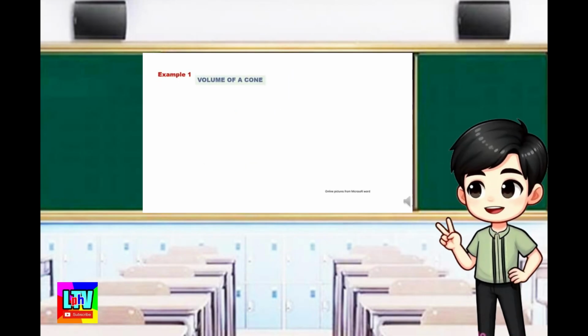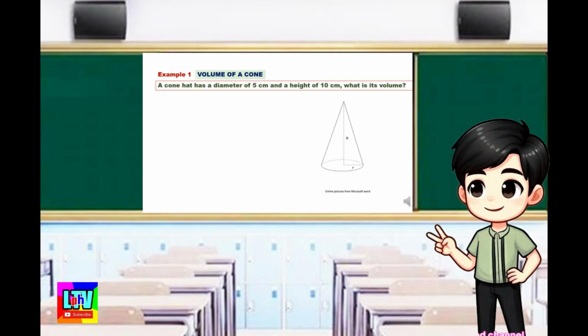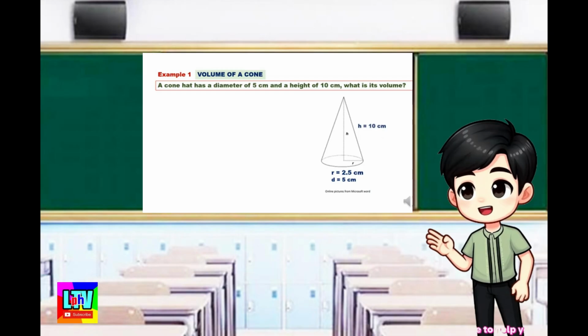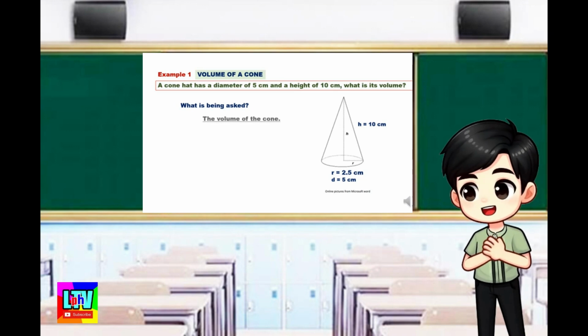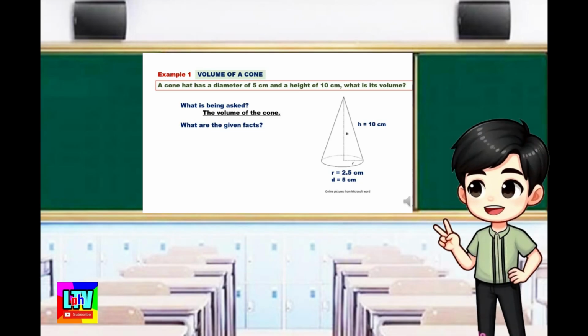Example 1. Volume of a cone. A cone hat has a diameter of 5 centimeters and a height of 10 centimeters. What is its volume? What is being asked? The volume of the cone. What are the given facts?